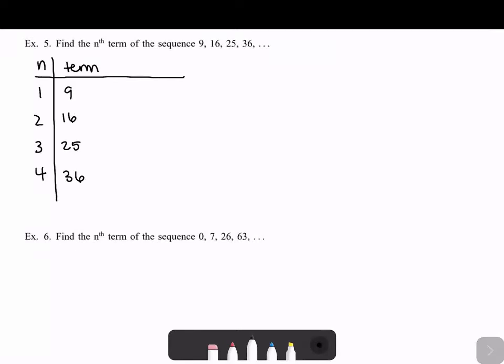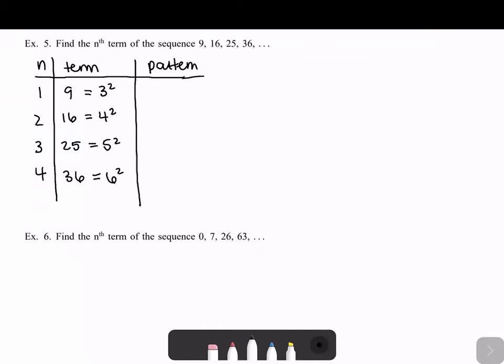So since we know that these are squares, we can just go ahead and write it out. So 9 is 3 squared, 16 is 4 squared, 25 is 5 squared, and 36 is 6 squared. So remember, we want to find something in terms of n where we have everything the same in our pattern except that n changes. So let's go ahead and try and find the pattern.